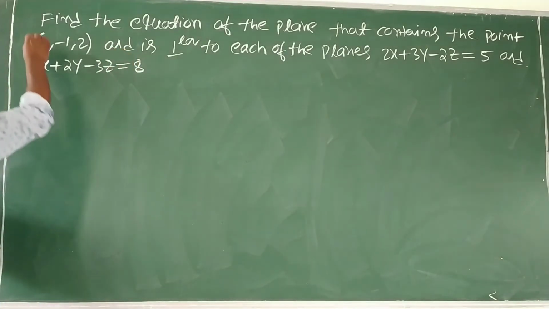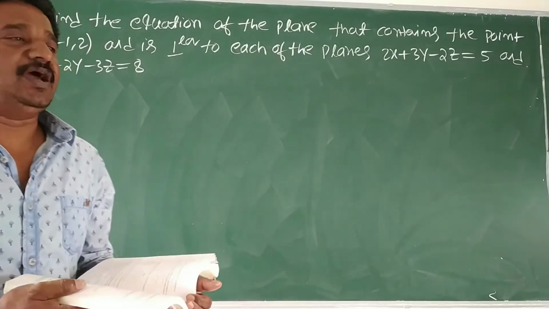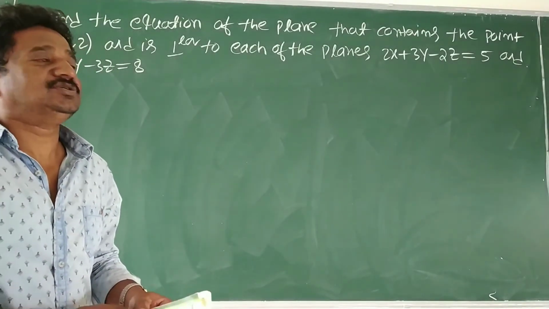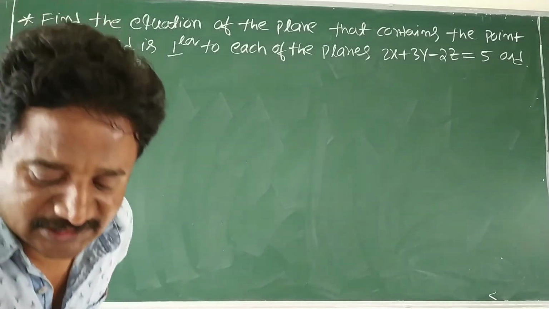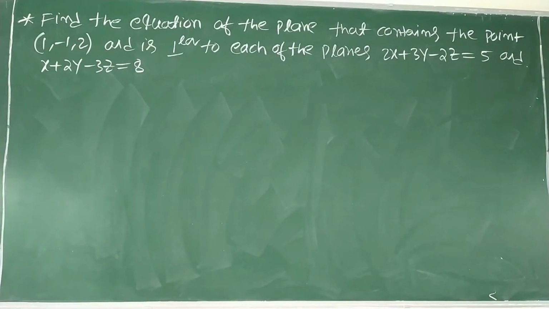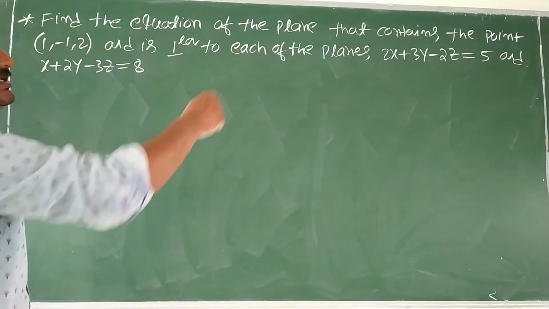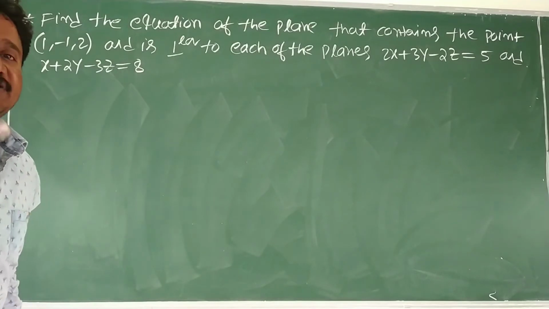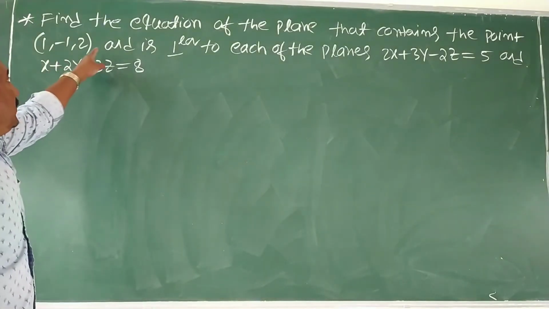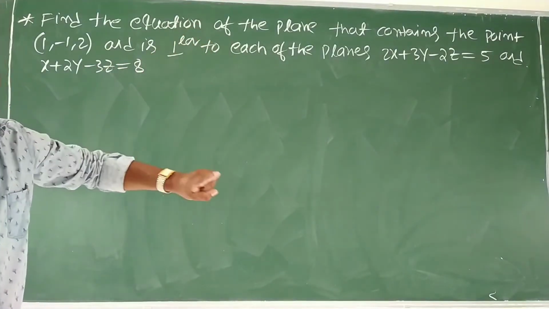This is a star question, students. Without practicing, you cannot attempt this question in your annual exam. It is a 5-mark question. So write: find the equation of the plane that contains, meaning passing through, this point and is perpendicular to each of the planes.